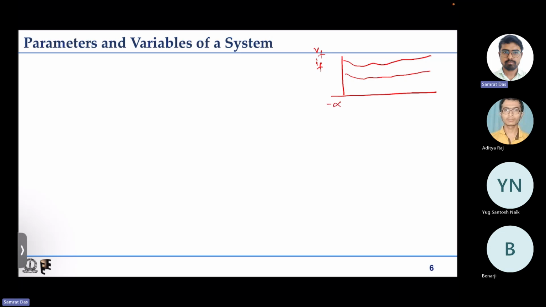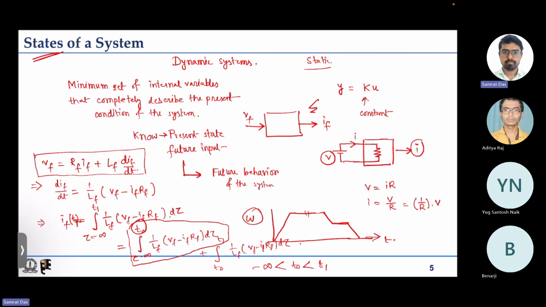So this is minus infinity, this is say t0, and this is say t1. The previous integration, whatever I wrote, can be written as this term plus I at t0.